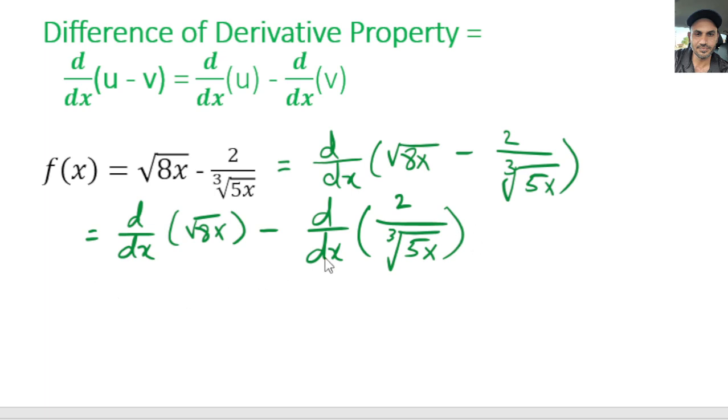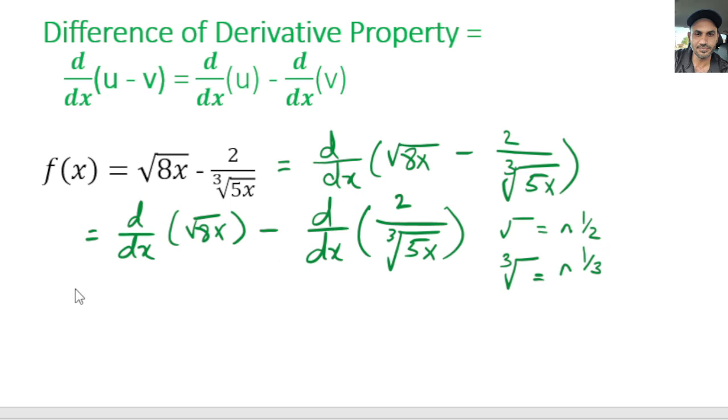I'm going to substitute the exponents for the roots. So we know that a square root by itself is something raised to the 1/2 power, and a cube root is something raised to the 1/3.